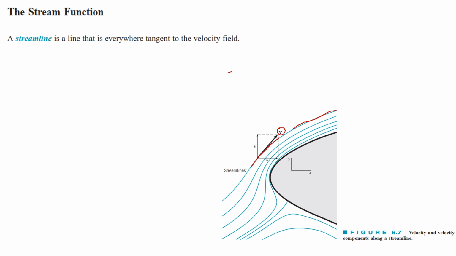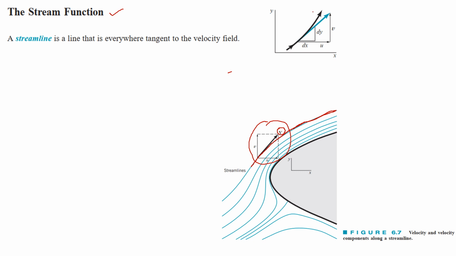So we already defined that, and we can use this diagram to write an equation for a streamline, and then in the second slide we are going to use the stream function to derive that equation. Here you can see the streamline.